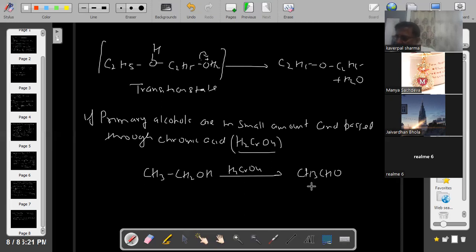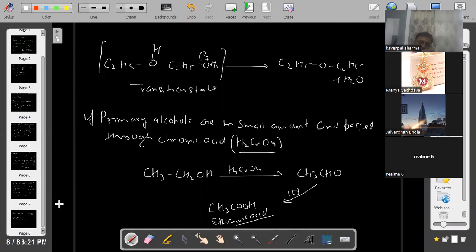Okay, and on further oxidation, you will get CH3COOH. This one is ethanal, and this is called ethanoic acid. One of the applications of the method is getting acetic acid from alcohol. Sometimes such kinds of questions can be asked: convert this to this.